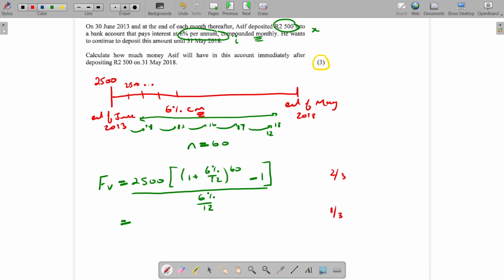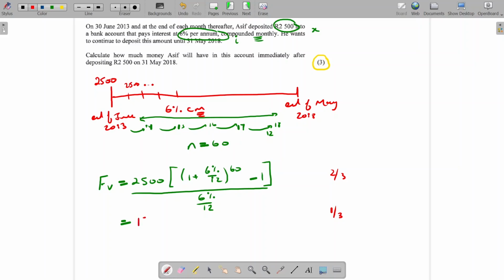Okay, so again, we do have a brief moment, so let's have a quick look. Let's type it in. 2,500 square brackets, round brackets, 1 plus 6% divided by 12, close the brackets, raise it to the power of 60, minus the 1, close the brackets.